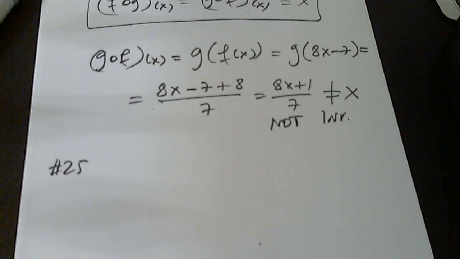Yes, correct. Perfect. So 27 in 2.7. Oh no, you said 25, sorry. Yes, 25. I'm trying to.